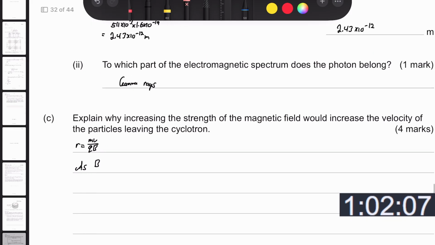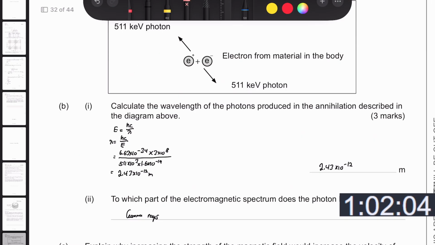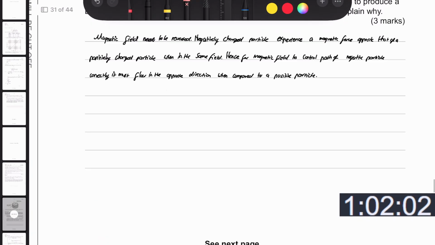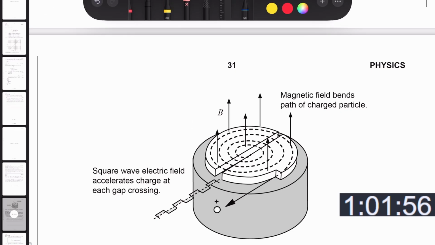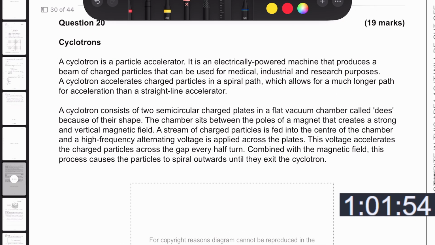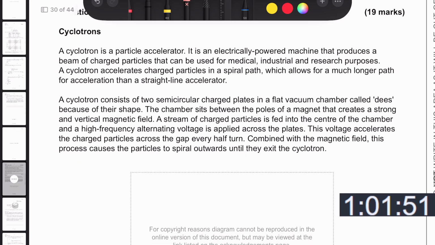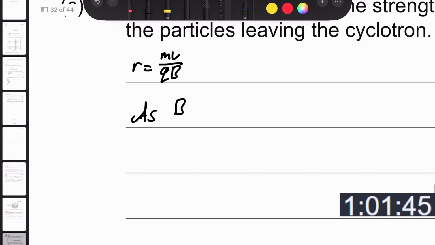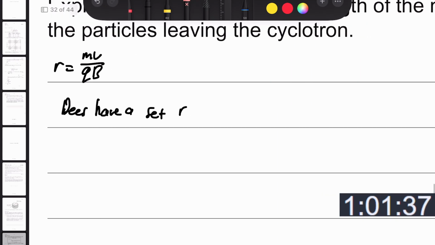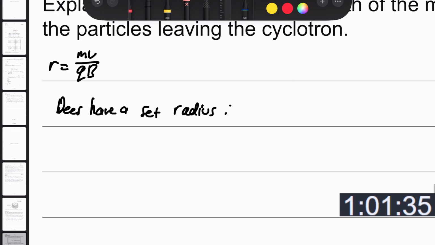Okay, so explain why increasing the strength of the magnetic field increases the velocity of particles leaving the cyclotron. These have a set radius. Therefore, R is constant.